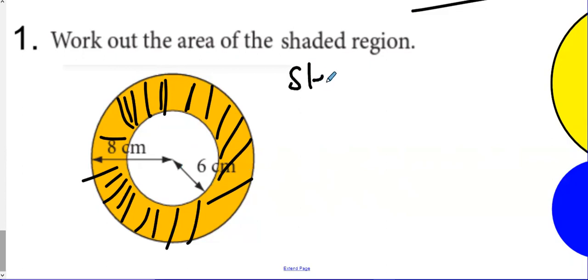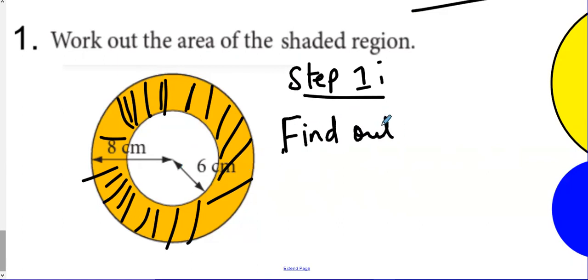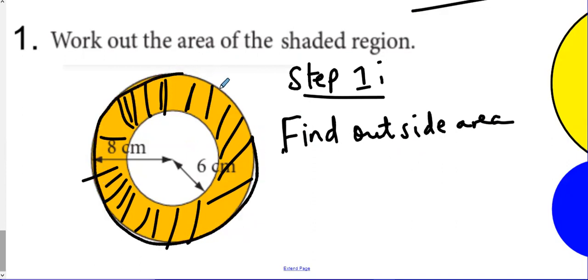We have step number one. Step number one, find the area of the outside shape. So step number one is find outside area. I mean, find the area of this shape which is outside this shape here.